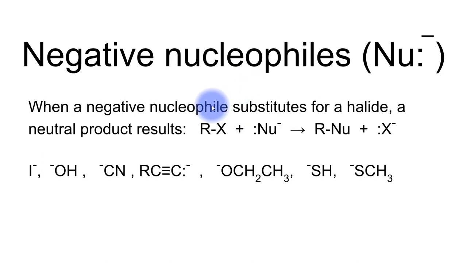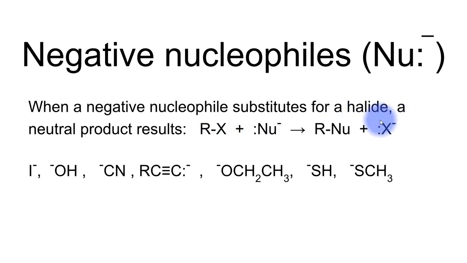So when a negative nucleophile substitutes for a halide, the key here is that we're starting with an alkyl halide. That's the name of this chapter, reactions of alkyl halides. So our RX is the key molecule. It will be reacting with one of these negative nucleophiles. It will come in and replace the halide. The halide will leave with its pair of electrons to make it negative, and I've shown the pair of electrons there.